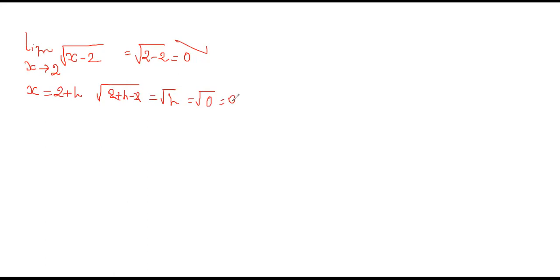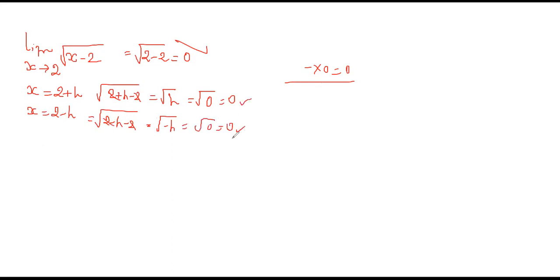And if you put x is equal to 2 minus h, then you will also get 0. 2 minus h minus 2 equal to minus h, which is 0. So the limit exists and its value is 0. Got it?